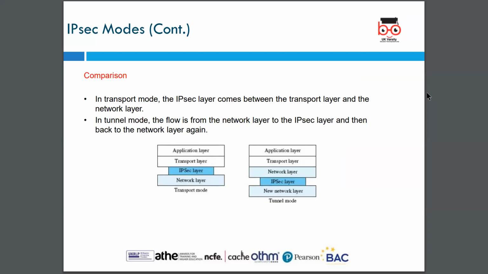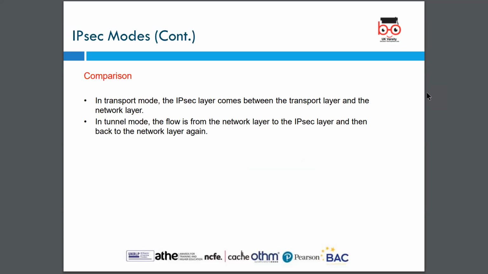Comparison. The difference between these two is that in transport mode, the IP security layer comes between the transport layer and the network layer, while for tunnel mode, the IP security layer comes after the network layer, at the back of the network layer again.